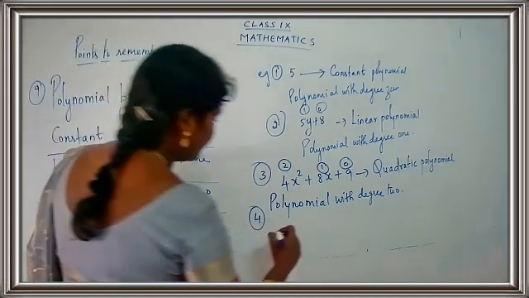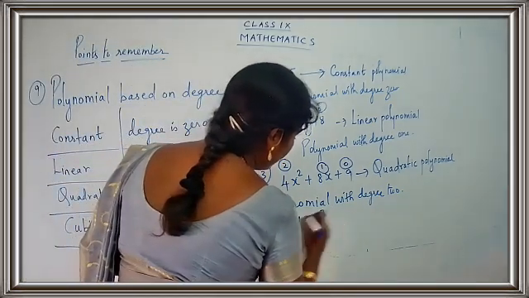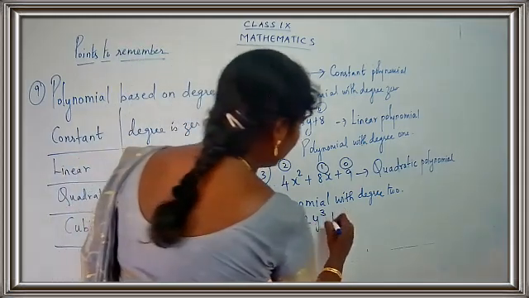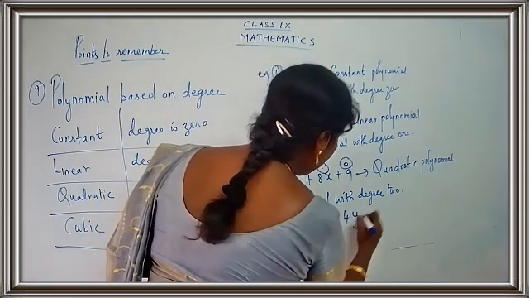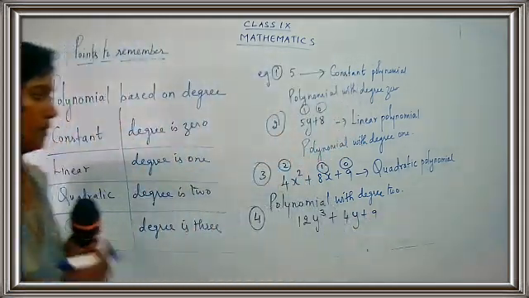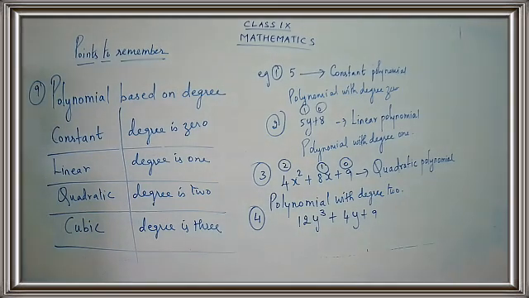I'll just take 12y cube. A simple example, or I can have one more thing: 12y cube plus 4y plus 9. I have taken a polynomial here. What is the polynomial we have considered here? 12y cube plus 4y plus 9.